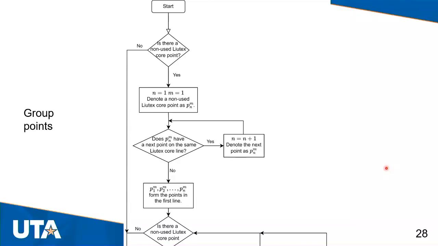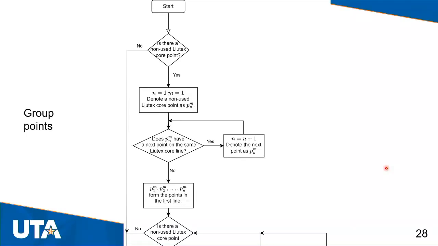Just like we start from a point, then find its next line. If this point has a next line, we find it and continue, find the next point of the next point. So we just keep doing this process until we find the last point.